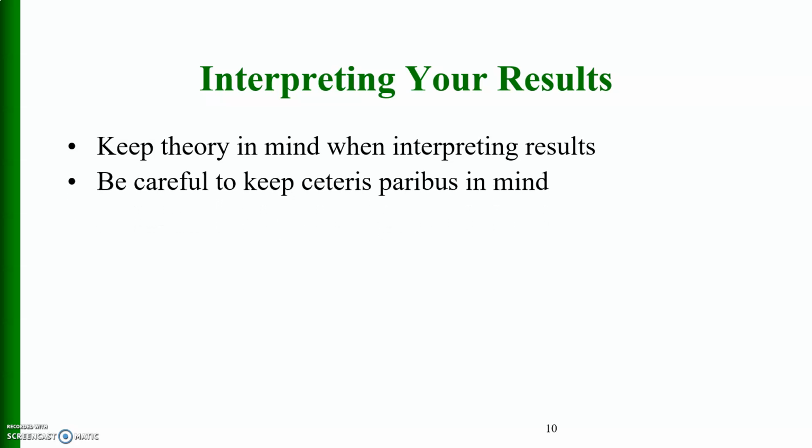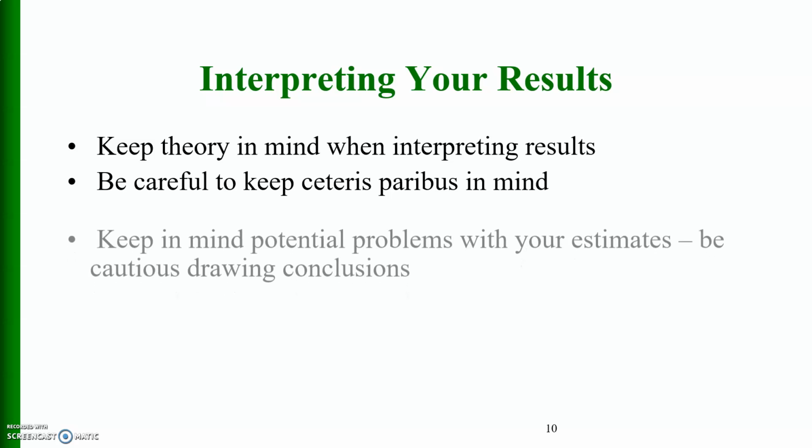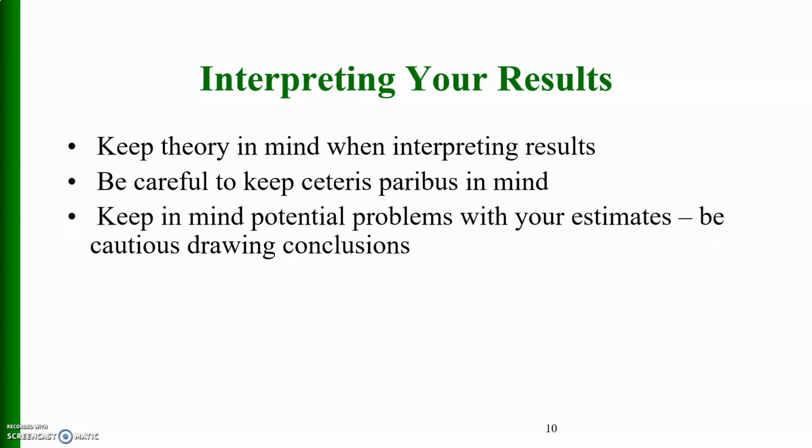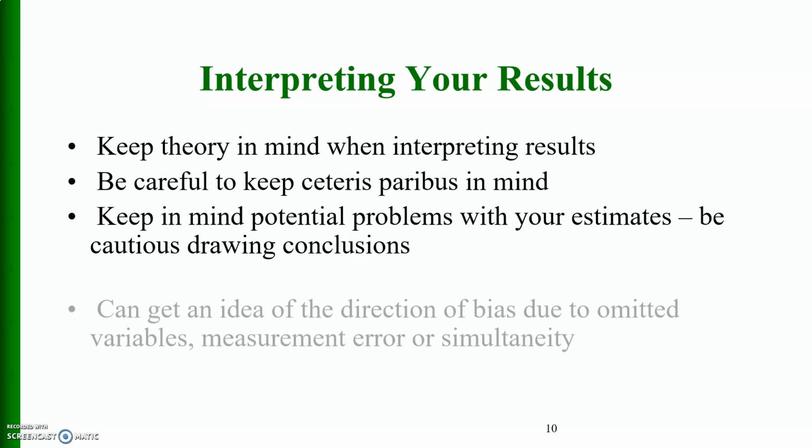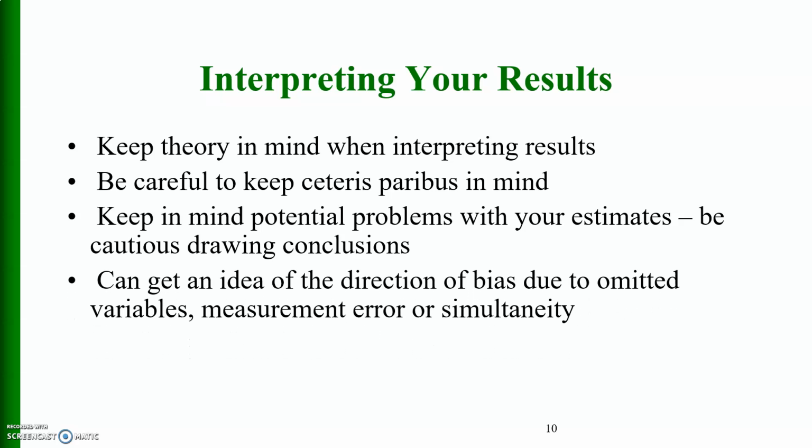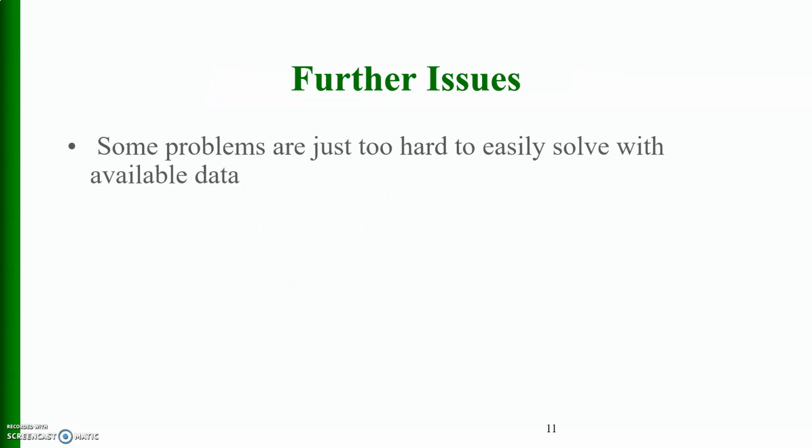We must be careful to keep ceteris paribus in mind, and we must also keep in mind potential problems with our estimates, and be very careful about drawing conclusions. We can get an idea of the direction of bias due to omitted variables, measurement error, or simultaneity. So we must keep these issues in mind.